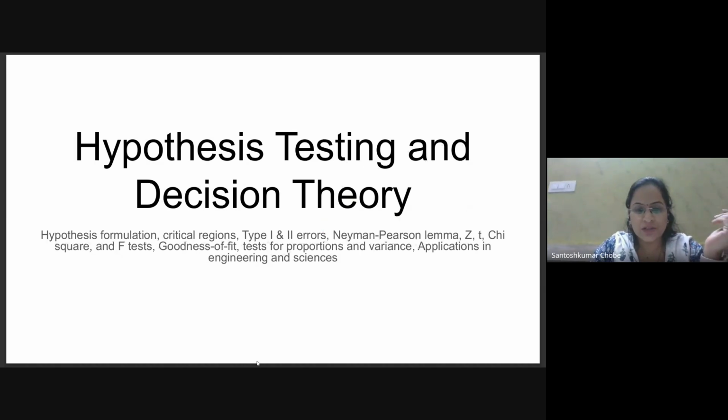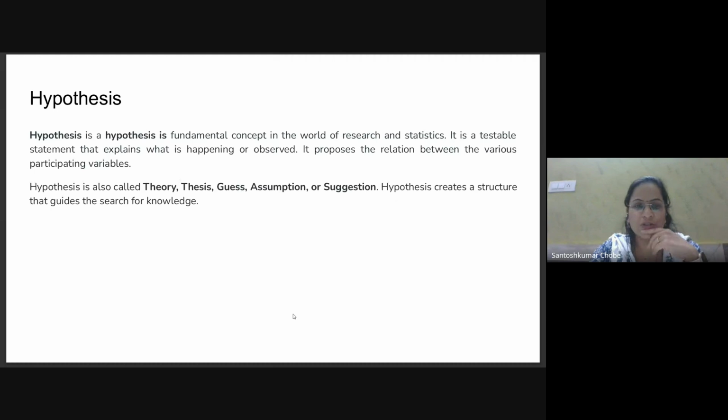So moving to the next slide. What is a hypothesis? As we have seen in the class also, hypothesis is a fundamental concept where we assume something is possible through research and experimentation, and we will be getting the result as per our expectation.